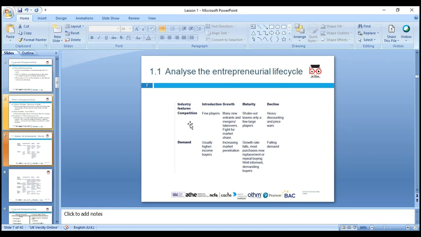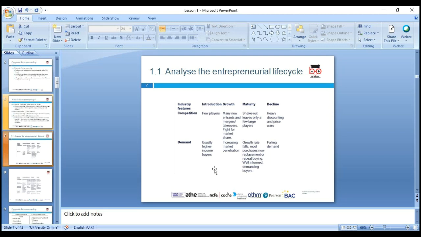The industry cycle has features of competition: an introductory stage, growth, maturity, and decline, like some of you already learned in the product life cycle. In entrepreneurship, there can be many new entrants, and mergers and takeovers can happen.